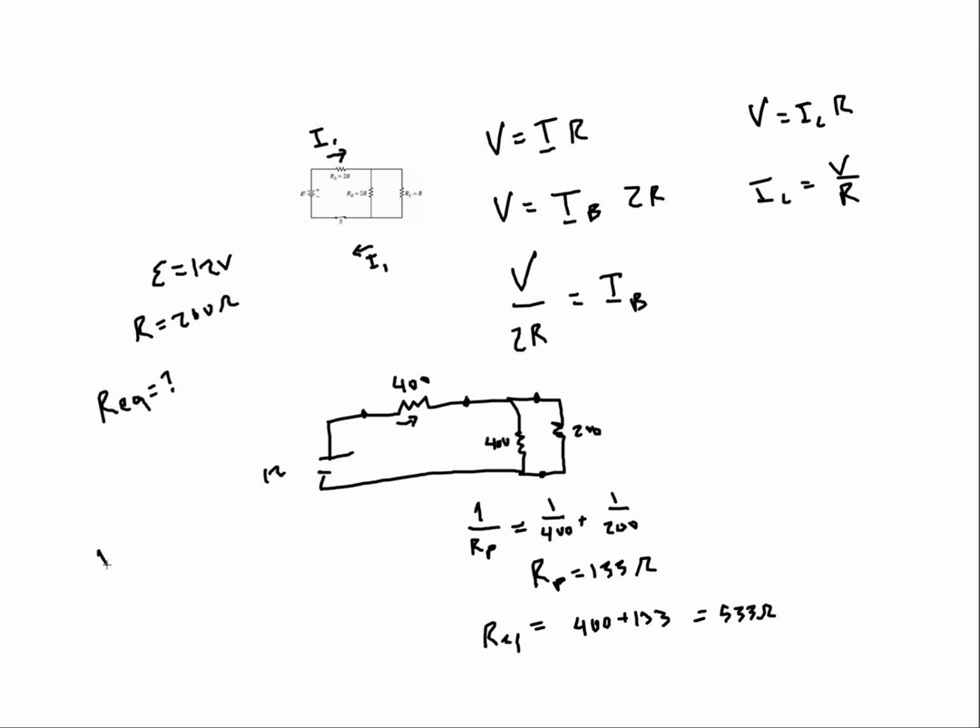And so V equals, I'll call it I total because it's the total current drawn from the battery, times R equivalent. I can solve for I total.